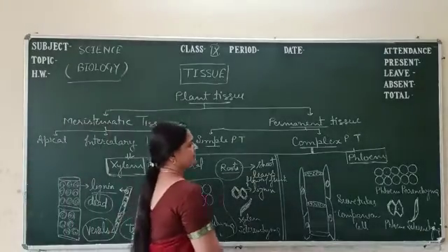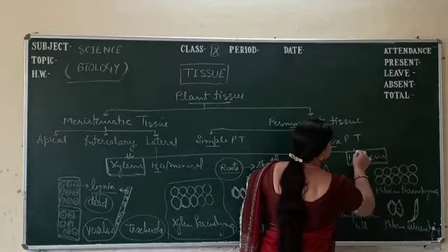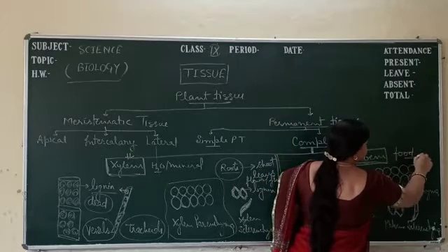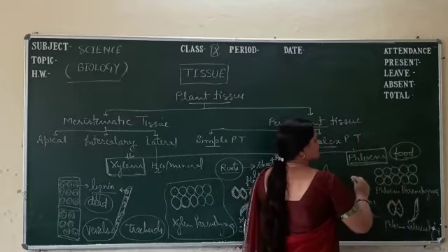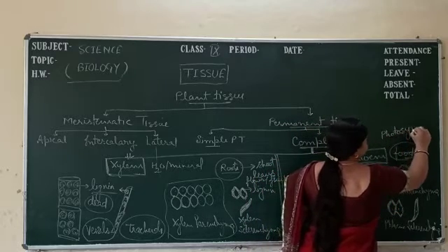The next conductive tissue is the phloem. Phloem is very important because it conducts the food which is made by the leaves by the process of photosynthesis.